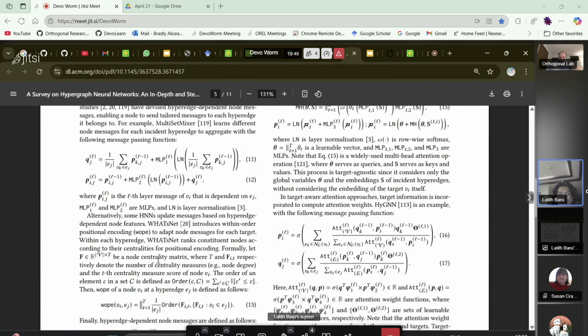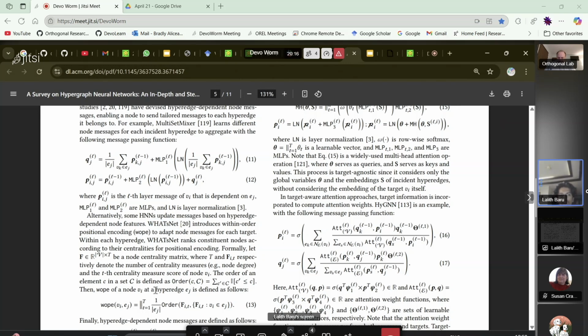And here the F represents a node centrality matrix, and T represents the number of centrality measures that we use, and the T-th centrality measure score of node vi. The order of the element is set of capital C. They are trying to explain this exact paper, what they have done in What's Next.